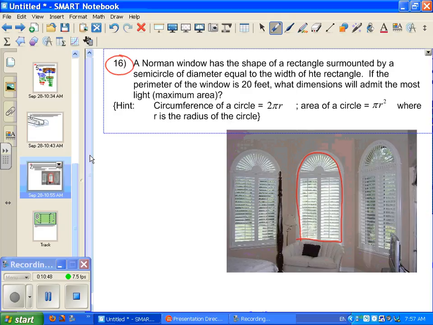All right. Well, we know that the diameter equals the width of the rectangle. And if the perimeter all the way around is 20 feet, we need to figure out the rest. So basically, for my rectangle here, we know that that's going to be a length times a width.